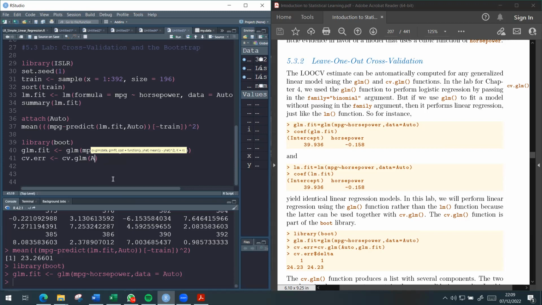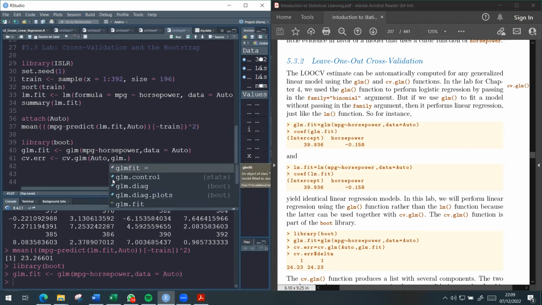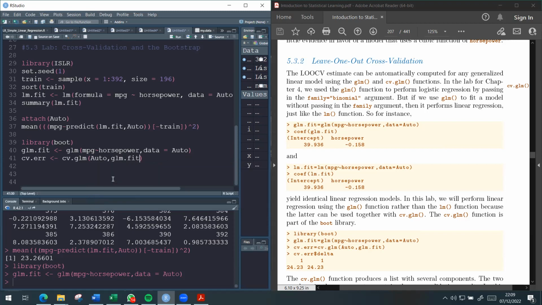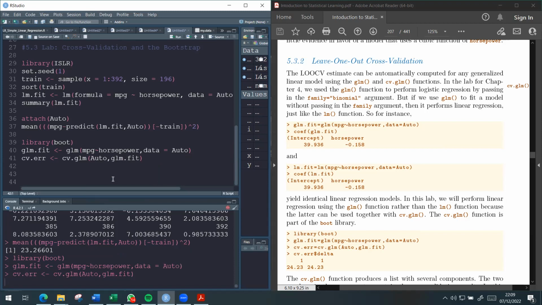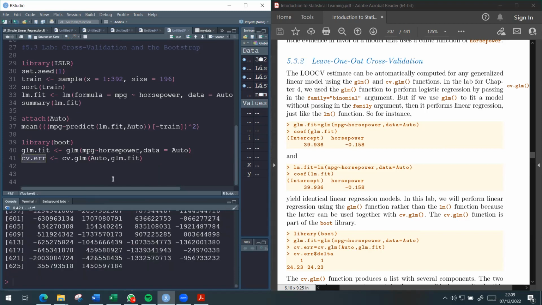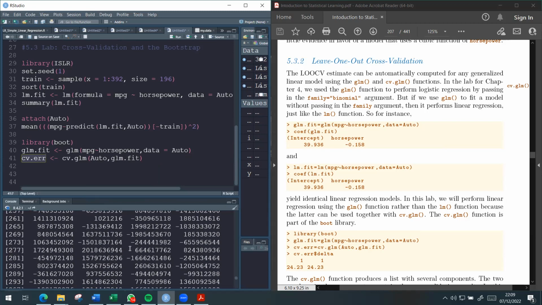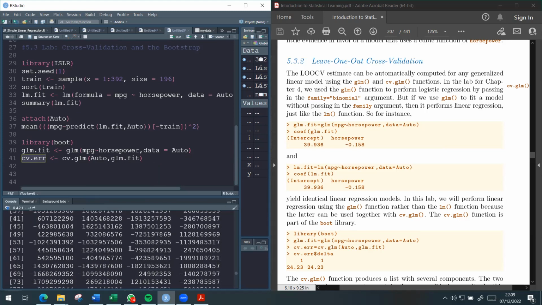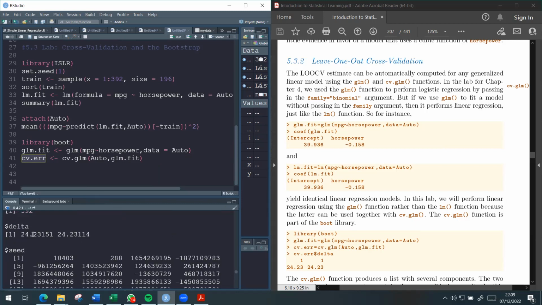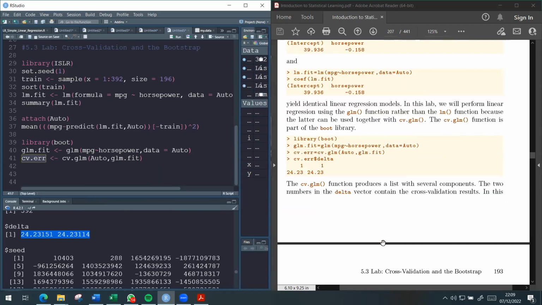And we're going to say auto, glm fit, which gives us all this. But what we're interested in is where they are, those two.